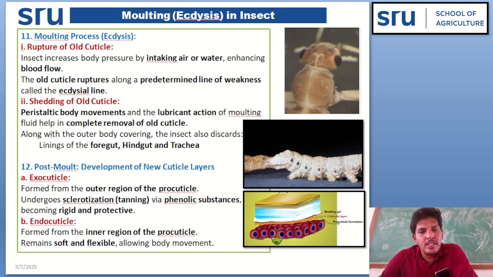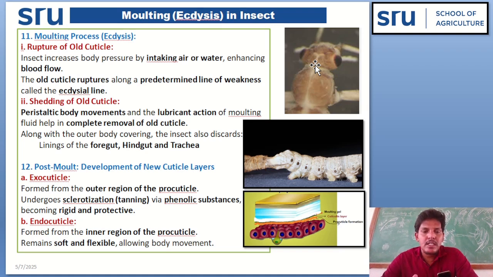Molting process. It involves two steps, that is rupturing of the old cuticle and shedding of the old cuticle. In rupture of the old cuticle, the insect increases body size. The insect increases body pressure by intaking air or water and enhancing blood flow.